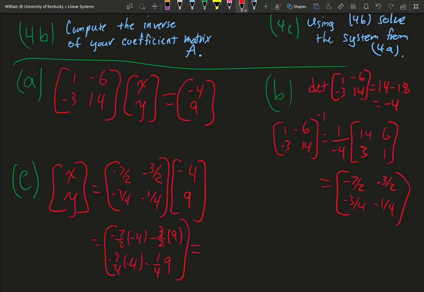And we should get our answer of, let's see, positive 14, and then minus 27 halves.